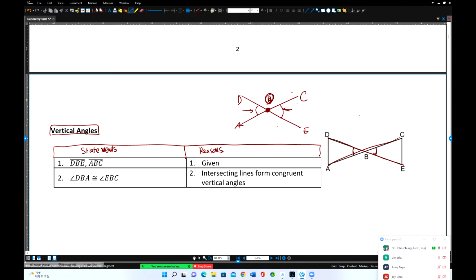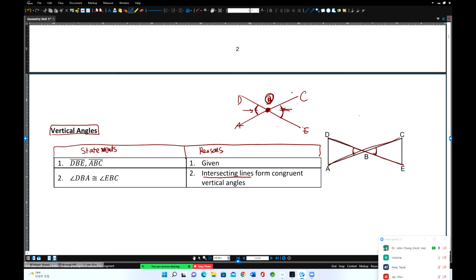Angle DBA, this angle, and EBC, because they are what? Opposite angles, right? They are vertical angles. Vertical angles are congruent. We know this one. Vertical angles, opposite angles are always equal in measure. This is the reason. Perfect reason over here.